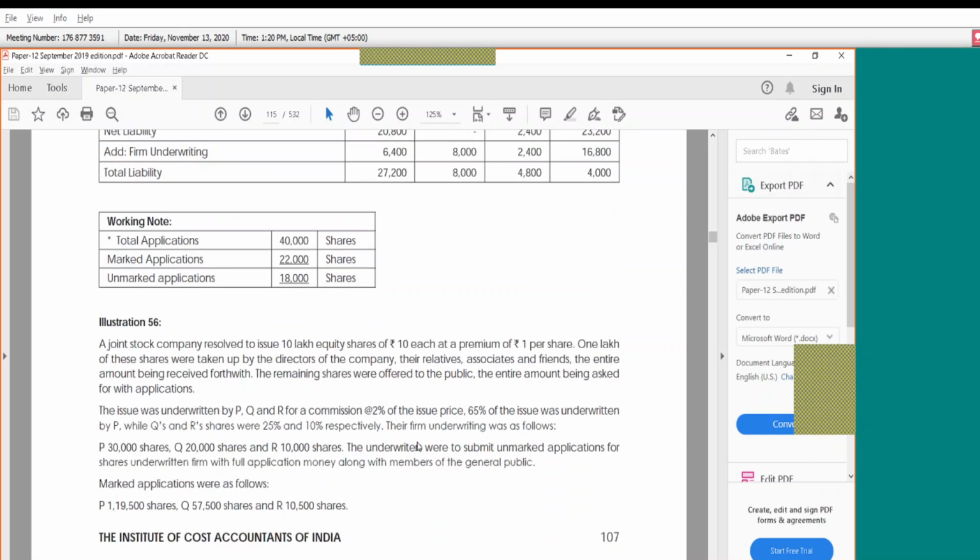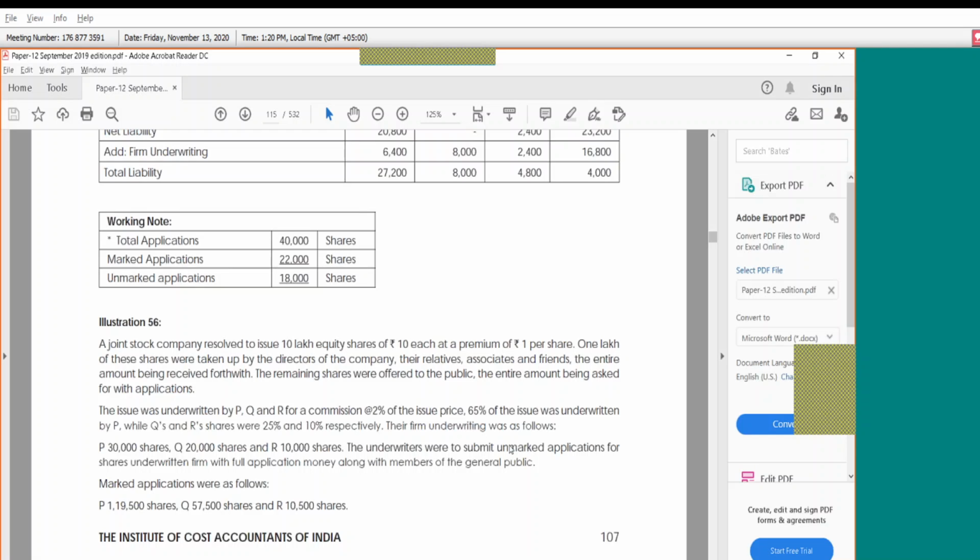unmarked application for shares underwritten firm with full application money along with members of the general public. That is why underwriters are submitting their application, that is firm underwriting application, along with the general public. So why am I not deducting separately?